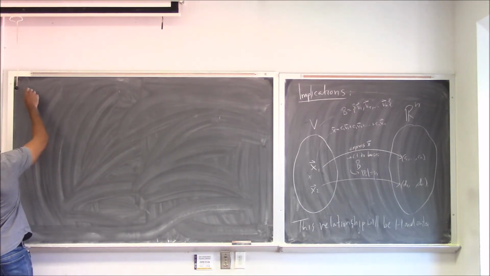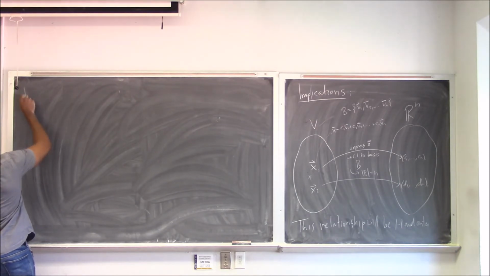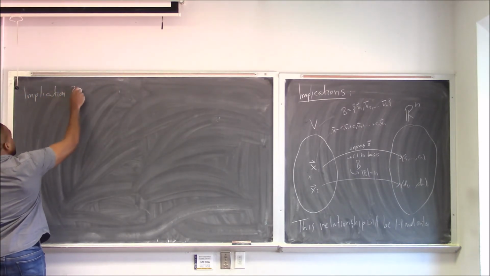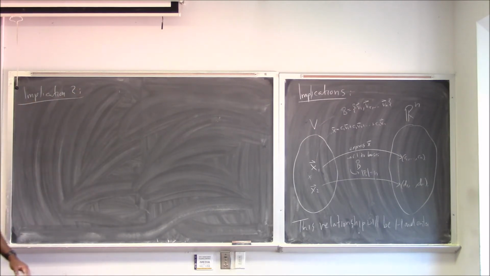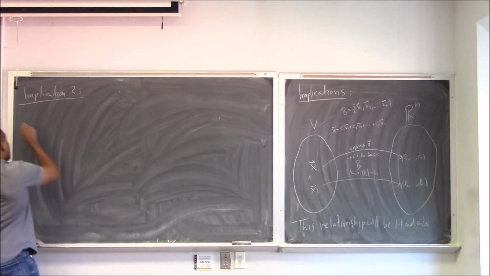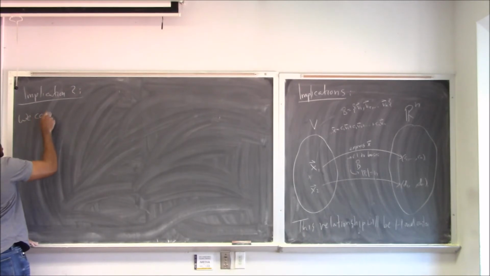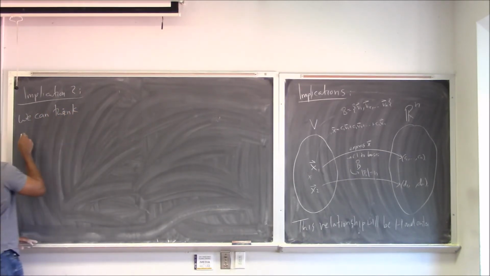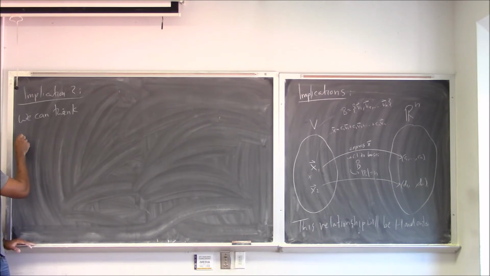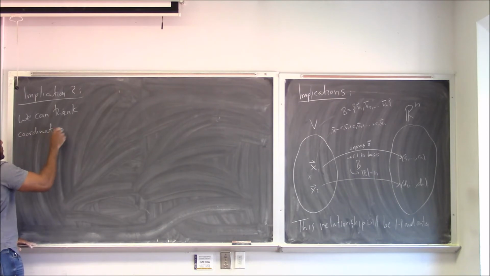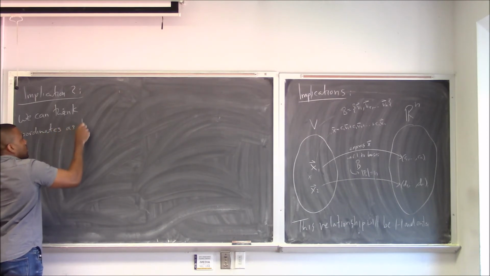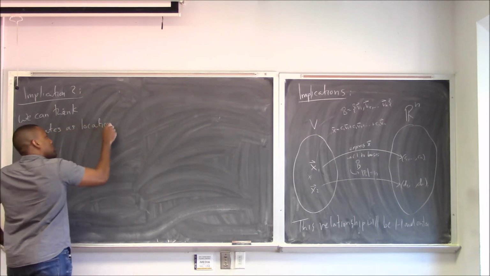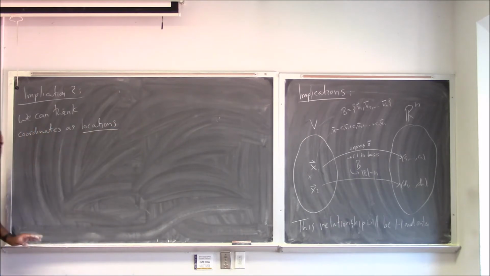Another thing that's another implication. And this sort of comes from our geometric interpretation of Rn. We can think of coordinates as locations. There's a specific address for each vector, right?